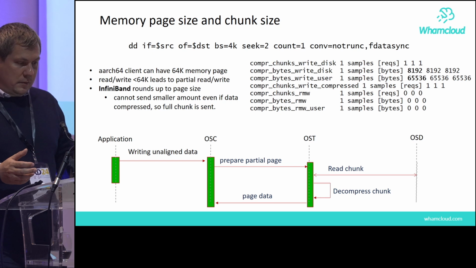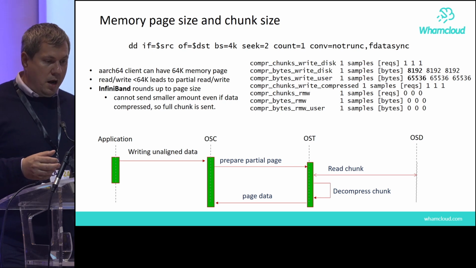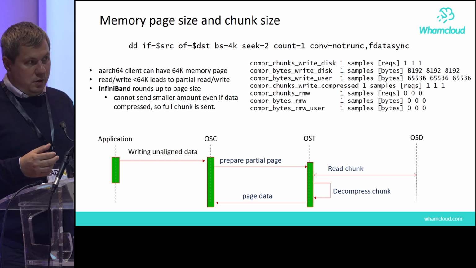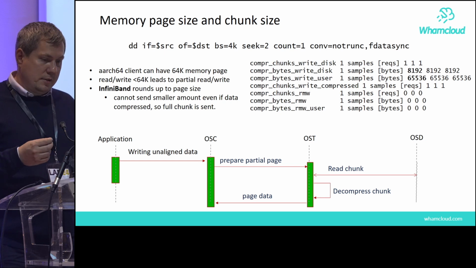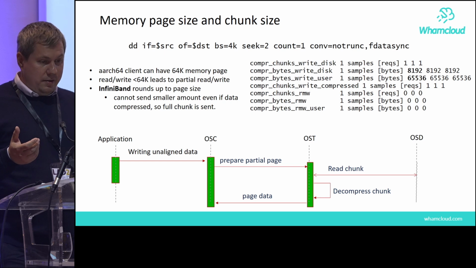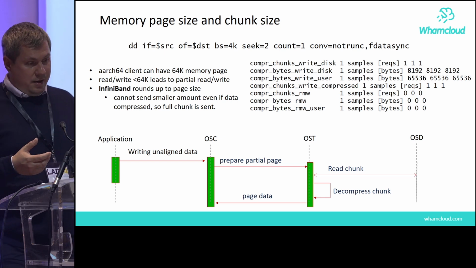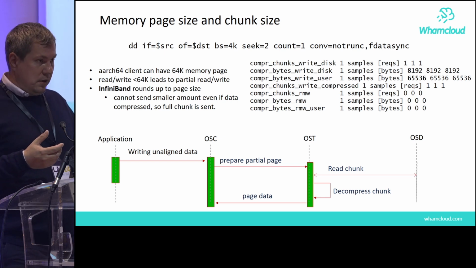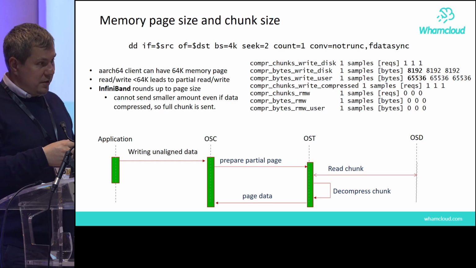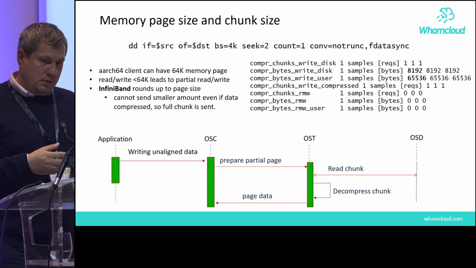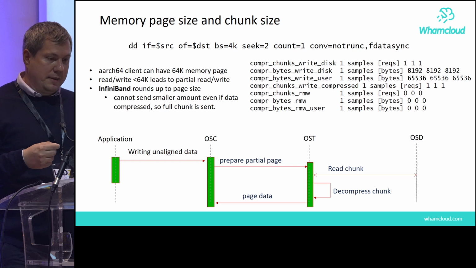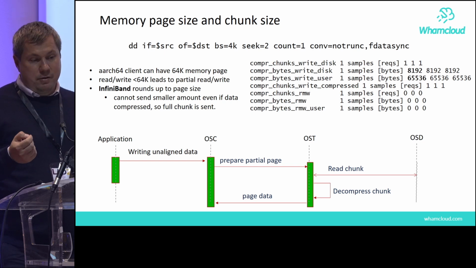So I mentioned that Arch clients are supported too, but there is some difference that such clients can have a 64 kilobyte memory page, and users should understand that having a different page size also influences compression behavior.